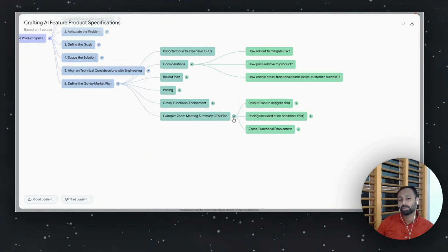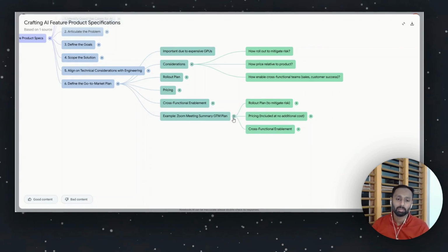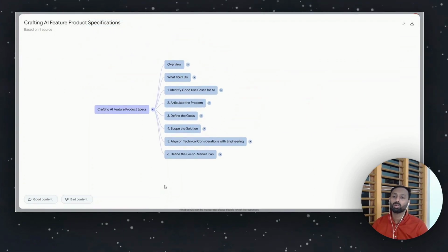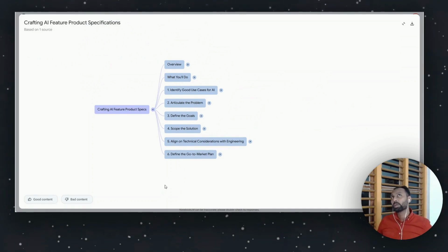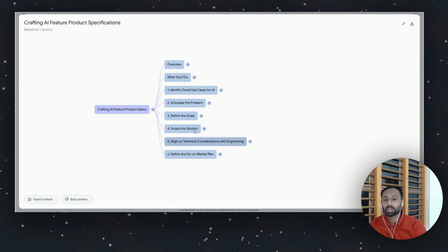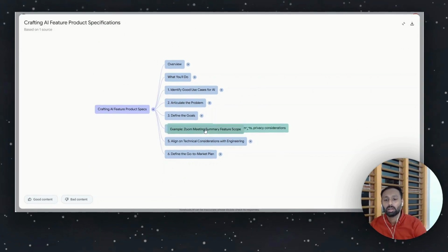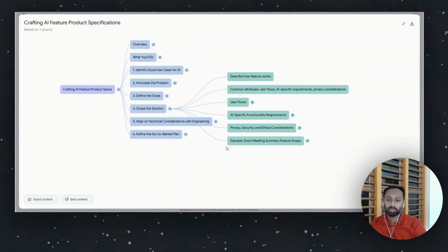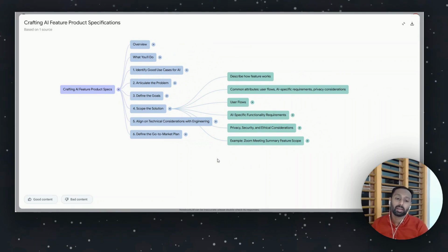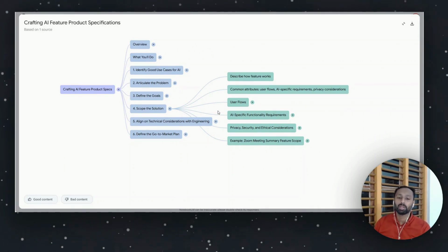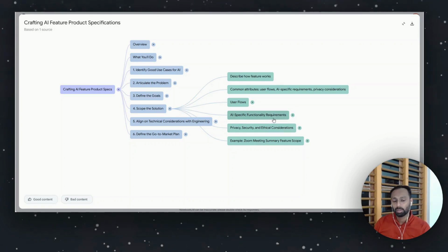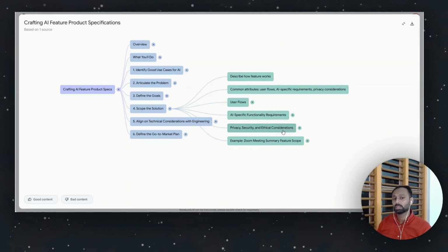So this is basically an example with the Zoom meeting setup. This is how you should think about the whole PRD when it comes to generative AI. I really want to stress this aspect, because this is where the major difference comes in: the AI-specific functionality requirements you should be aware of, along with privacy, security, and ethical considerations.